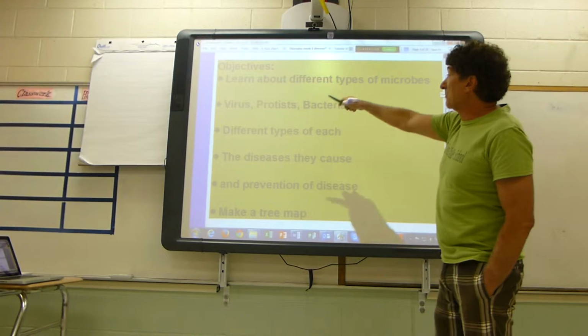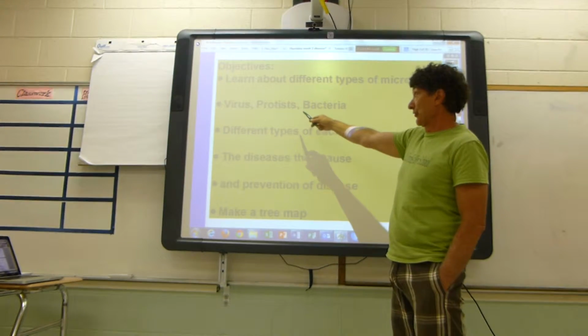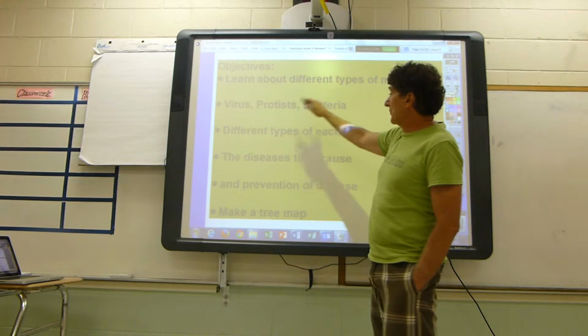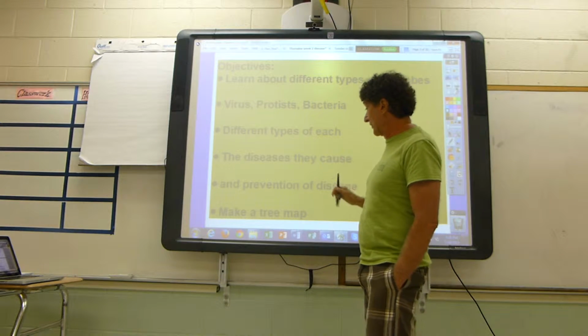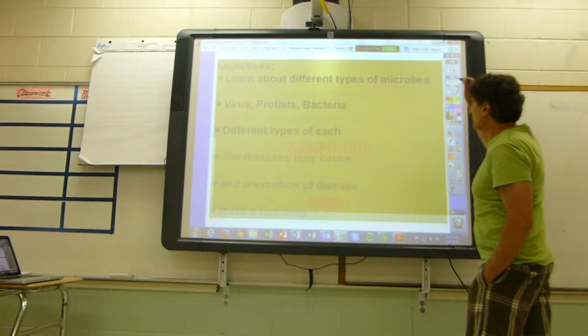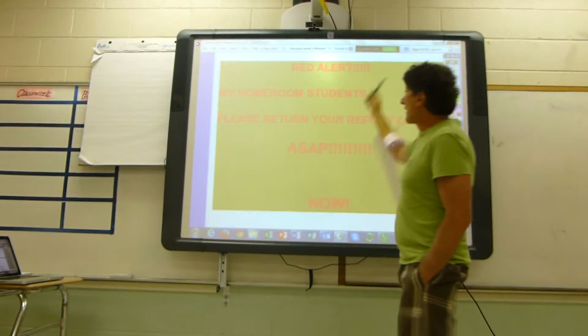Objectives for today. We will learn about different types of microbes, like viruses, protists, and bacteria, the different types of each one of these, the diseases they cause, the prevention of these diseases, and we will make a tree map. Now, of course, I've already taught my students these maps, so red alert!